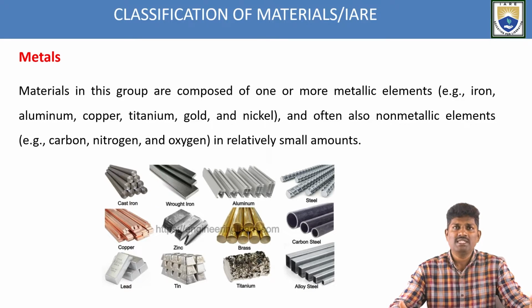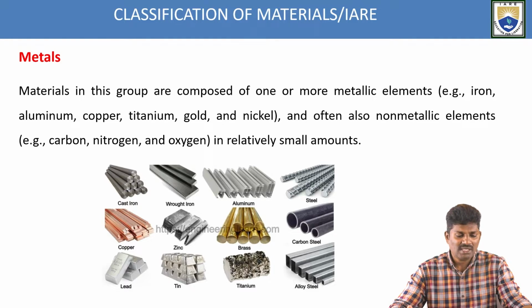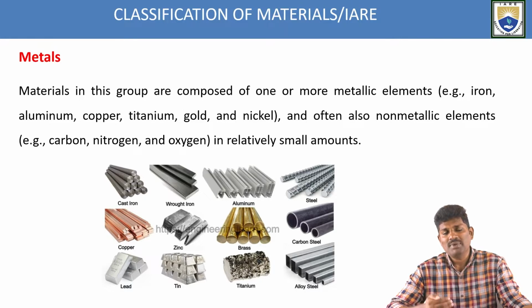So first, if you see the metals, what is a metal? Materials in this group are composed of one or more metallic elements. Wherever the material is composed of one or more metallic elements, those are called metals. For example, iron, aluminum, copper, titanium, gold and nickel. These are some of the examples which come under metals.